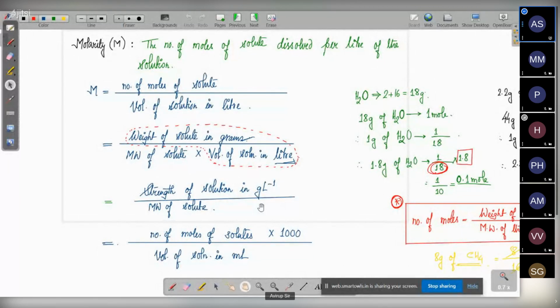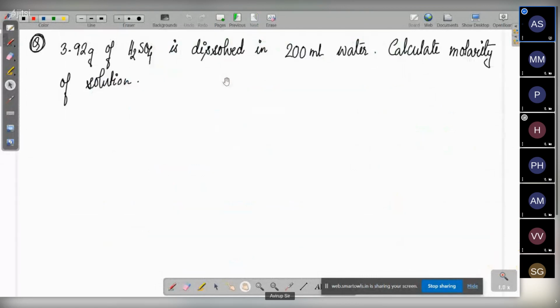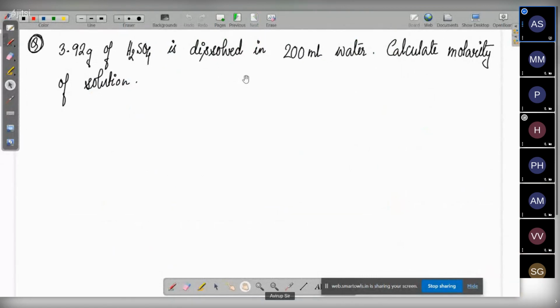So now some numericals from molarity, which we had been doing when the class ended abruptly. 3.92 gram of H2SO4 is dissolved in 200 ml of water. Calculate the molarity of solution. These sums are easy if you can apply the formula correctly.